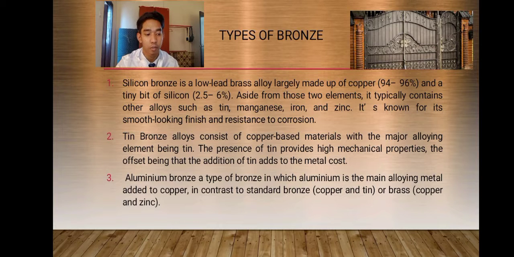The offset being that the addition of tin adds to the metal cost. Three is aluminium bronze, a type of bronze in which aluminium is the main alloying metal added to copper, in contrast to standard bronze, copper and tin, or brass, copper and zinc.